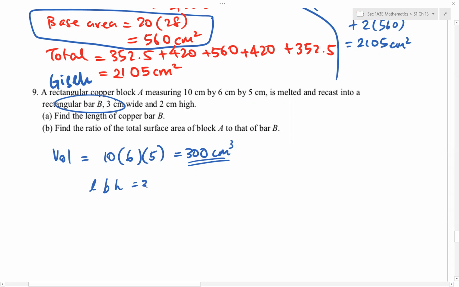And how much is this equal to? It is equal to 300. What do you know from bar B? What else do you know about bar B? 3 and 2. Okay, so the breadth, let's call it 3, the height, we call it 2. But this is the equation. So what do we do next?